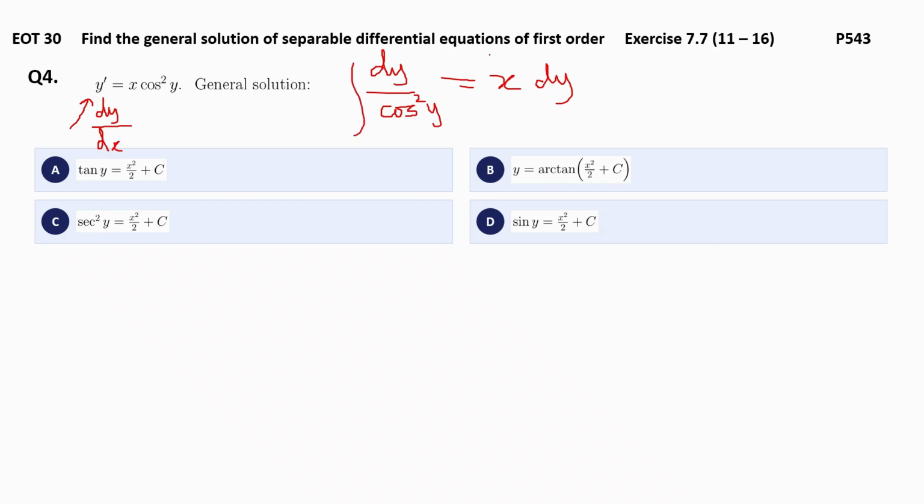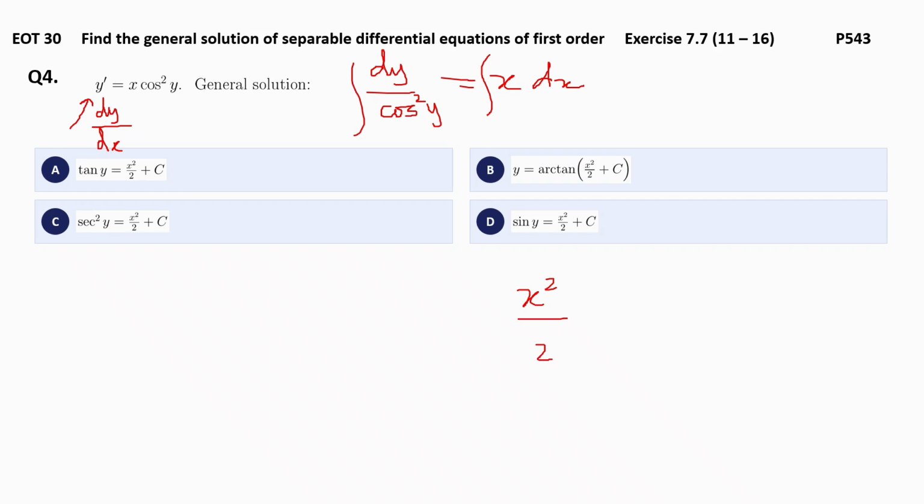But before we integrate, x dx. One second. It is not x dy, it is x dx. Okay. Now x dx, no issues. It is x square over 2.